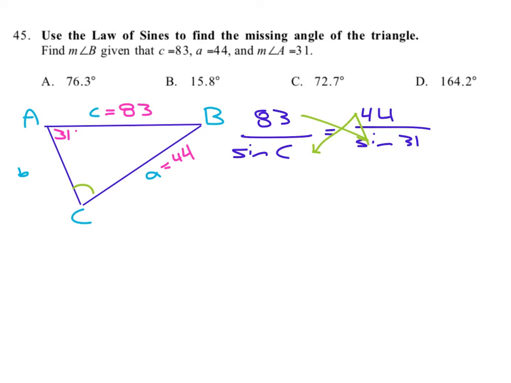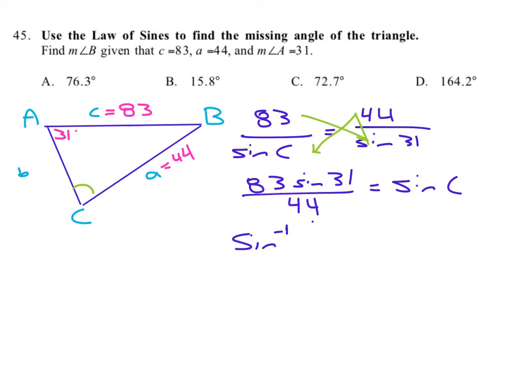Let's write that out. 83 times sine of 31 divided by 44 equals sine C, or another way to say it is the inverse sine of the ratio 83 sine 31 over 44 is equal to angle C.